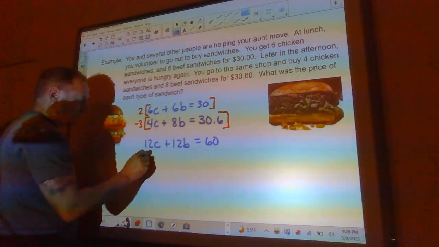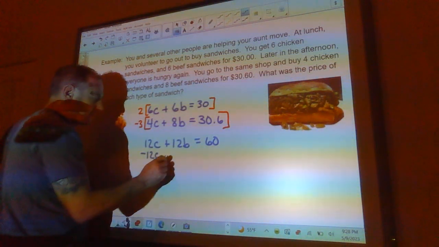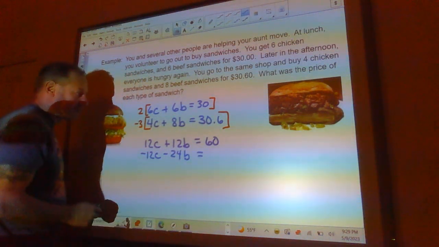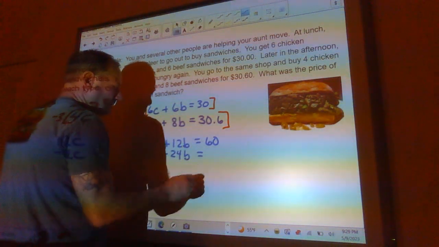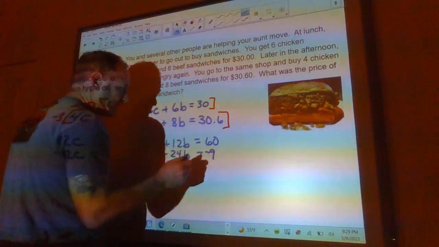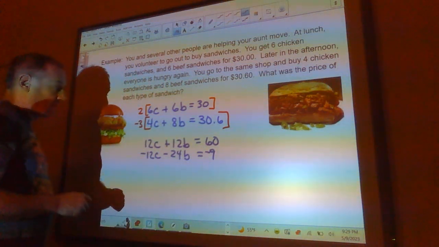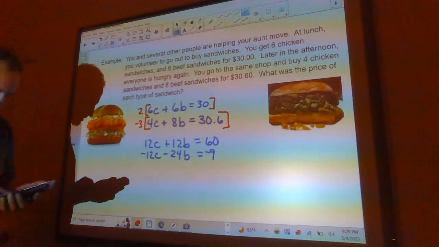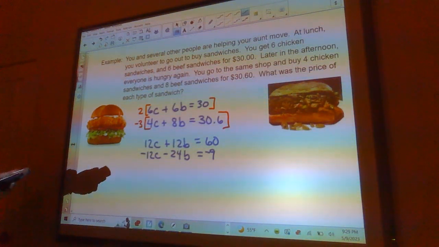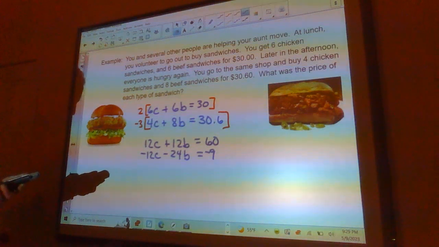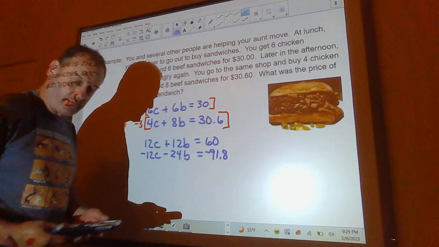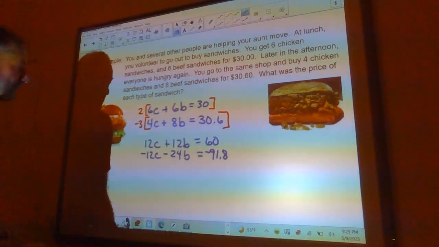And the bottom equation, I'm going to get -12C minus 24B is going to equal, what is that? This is why we have calculators. 30.6 times 3, yep, 91.8.